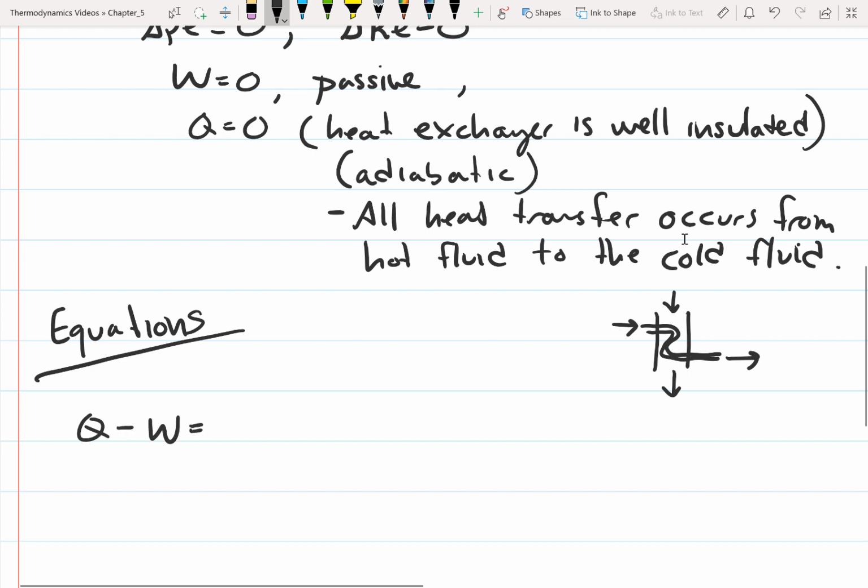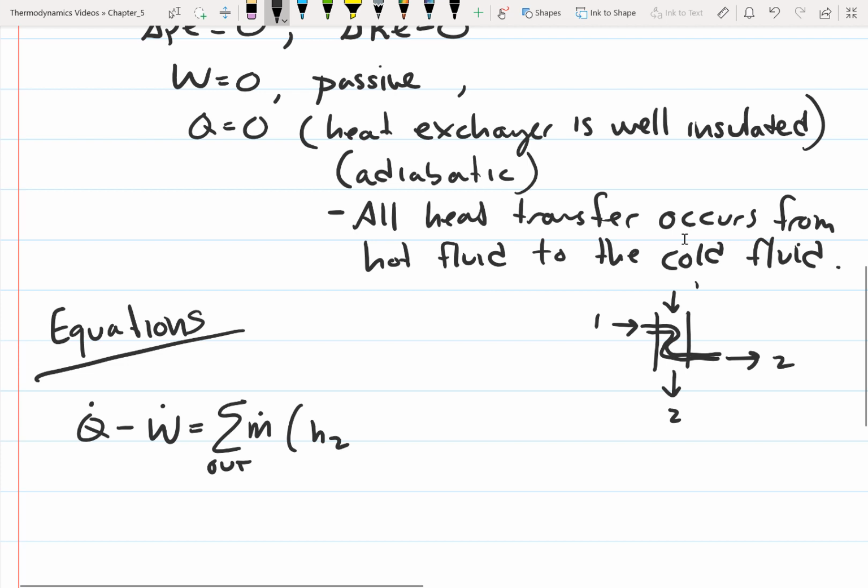So we have Q minus W is equal to the sum of the mass flow rates out, and these should be rates. I'm going to change this to 2 just to simplify the writing. So 1 is in, 2 is out.